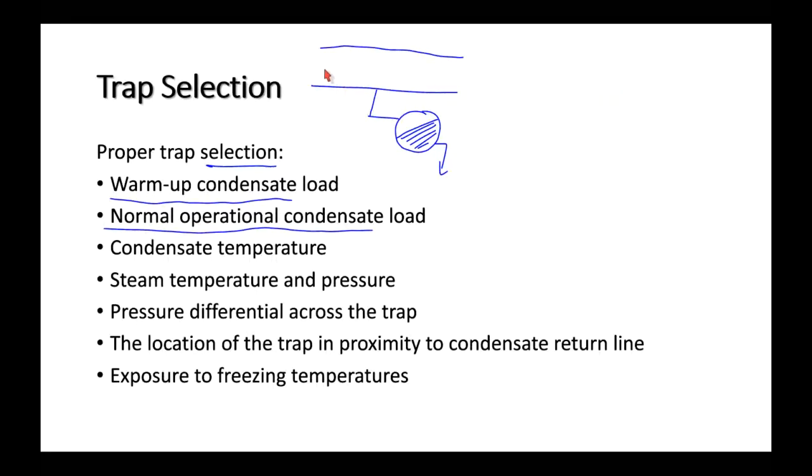So if I have got a trap that is designed to do an automatic warm-up, that means that the trap is going to have to handle all of the condensate that forms during that warm-up period. So in other words, we need a big trap that costs a lot of money.